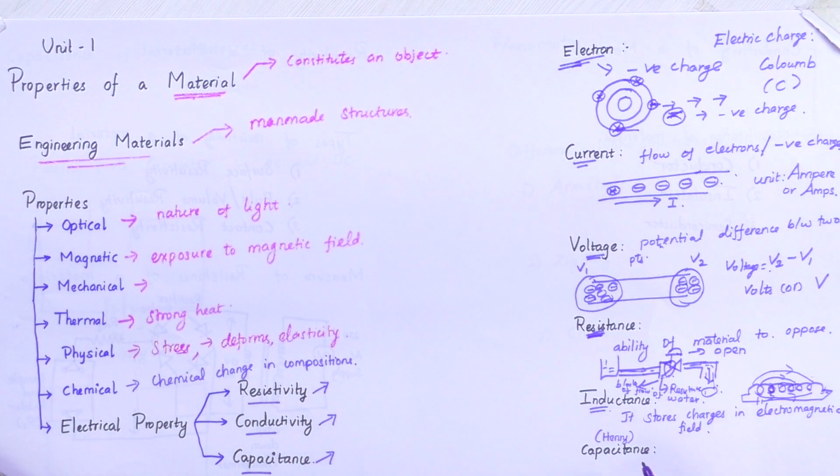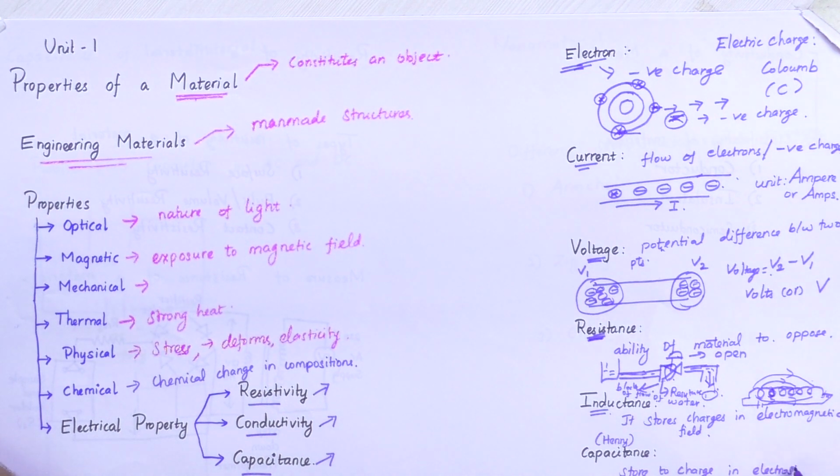Next, capacitance. Capacitance is the ability of a material to store charge in an electrostatic field. It stores charge in the form of an electrostatic field.